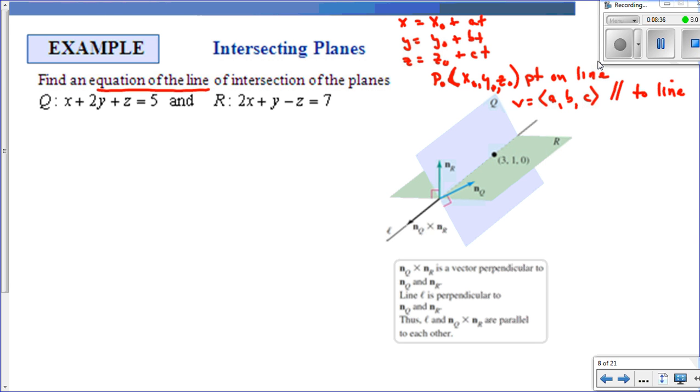So we're going to call the line that represents the intersection of these two planes just script L.